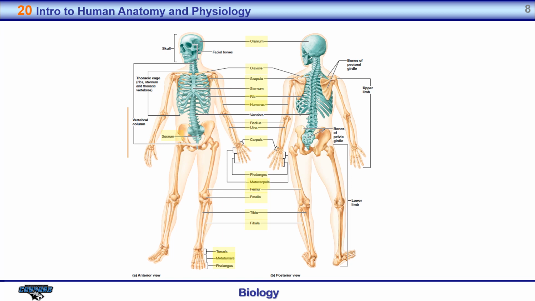To your shoulder is attached the bone of your upper arm, which is called the humerus. And then the humerus has two bones that go down toward your hand. And the reason for two bones is it allows your lower arm to rotate.